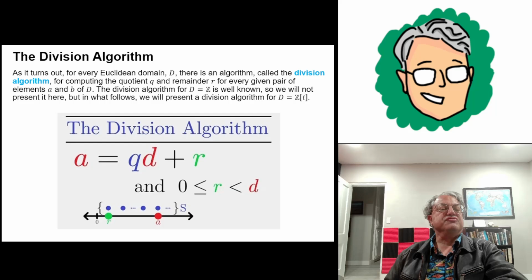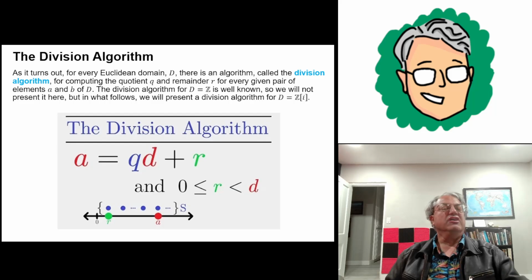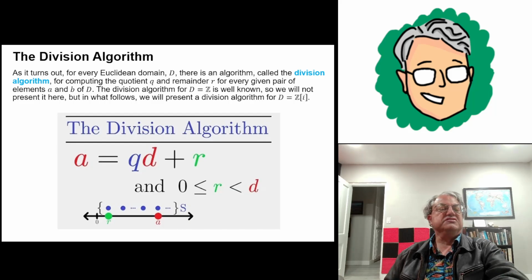That shouldn't be a mystery. Oh, here's a picture of it. Actually, I have another slide where I describe the division algorithm for integers. We all know how to divide integers, so I don't think I have to spend a lot of time on this slide. Like I said, there's a formula for Q as the floor of A over D, and R is the remainder A mod D. So that's all that is.